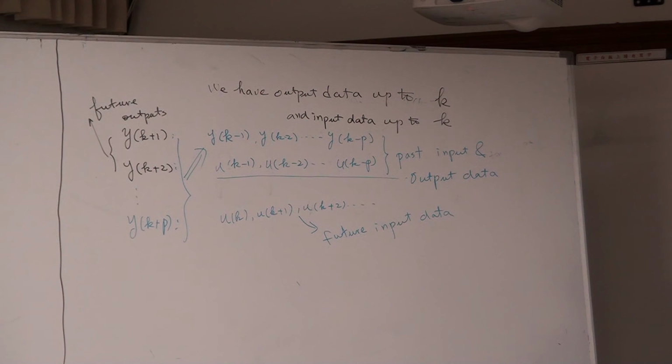I can compute that too. And I can compute yk plus q, and again this is from yk minus 1, yk minus 2, and uk minus 1, uk minus 2, and uk minus p. The past output, past input, and then future input. I will tell you why very soon about this.